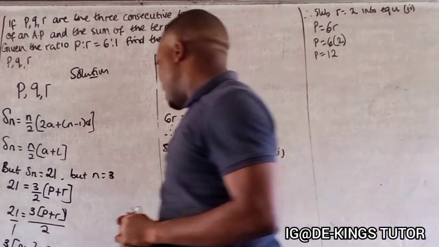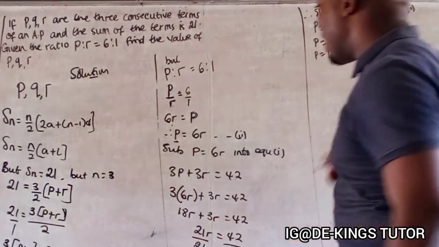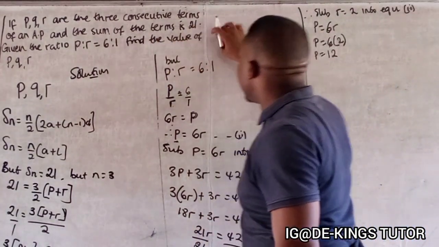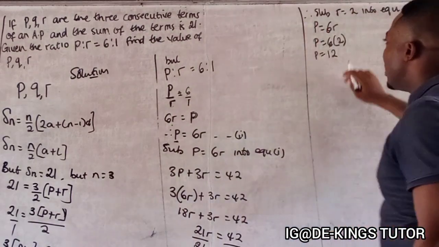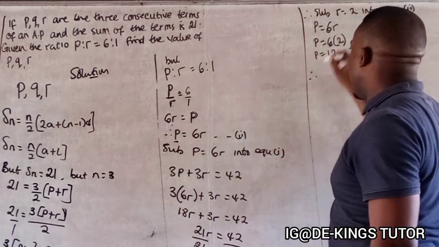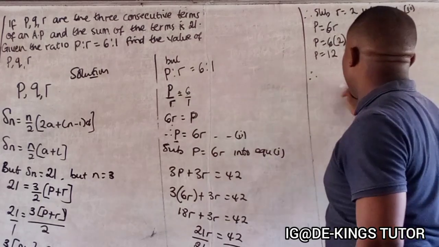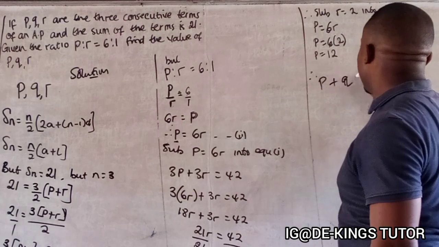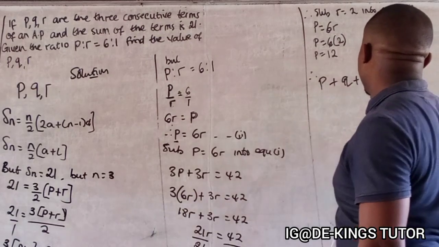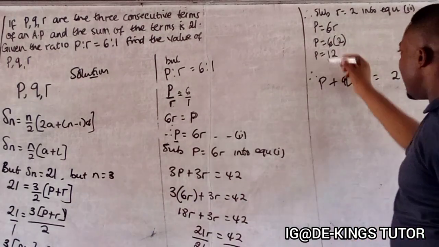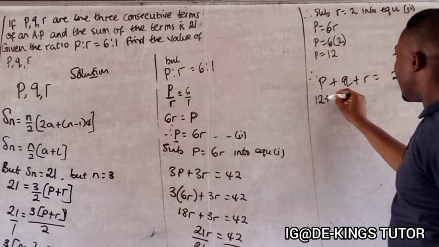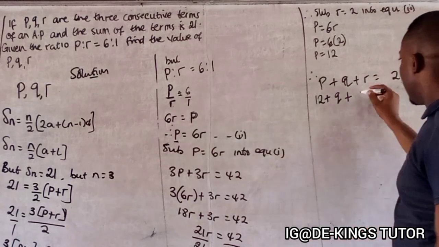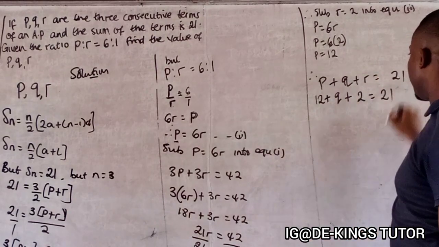Now the last part is our Q. We said the sum of the terms is 21. That means our P plus Q plus R should sum to 21. So P is 12, plus our Q is unknown, plus our R is 2, everything should be equal to 21.